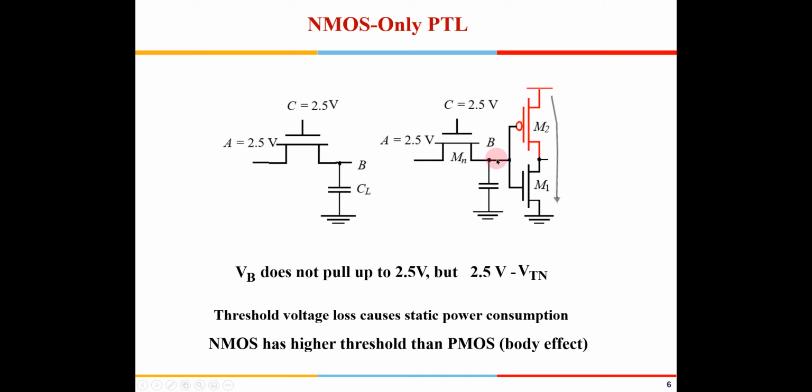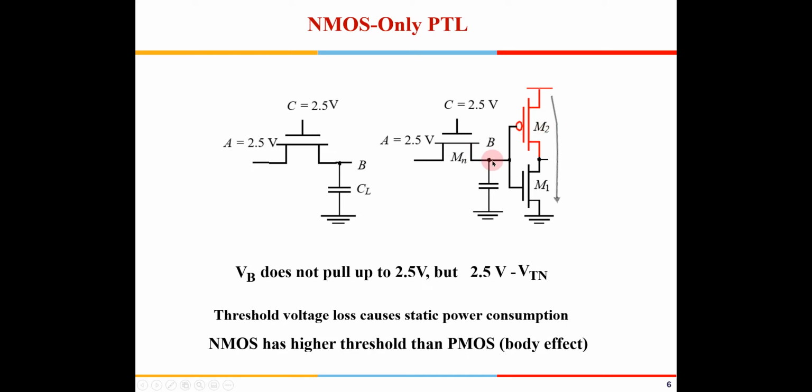Since I am transmitting a 1, this M1 will be switched on. What about M2? It is 1.5 volt here and 2.5 volt here, so this will be just at VTN, at the edge of being switched on. Still, I can consider that it might be switched off.